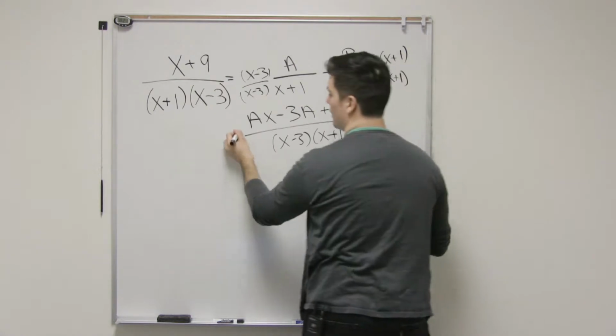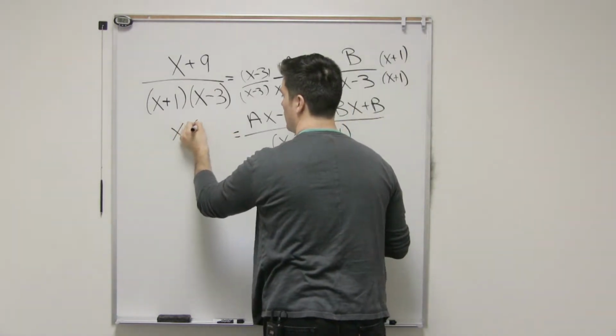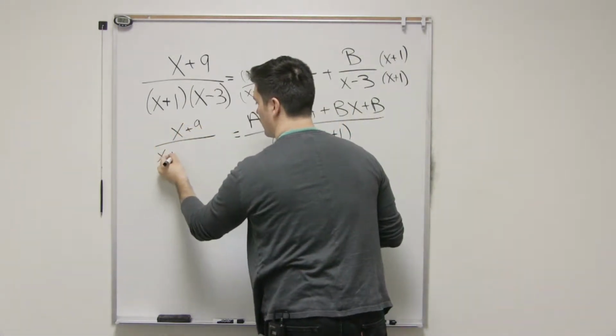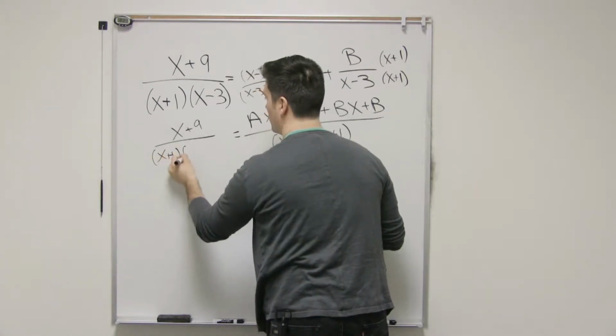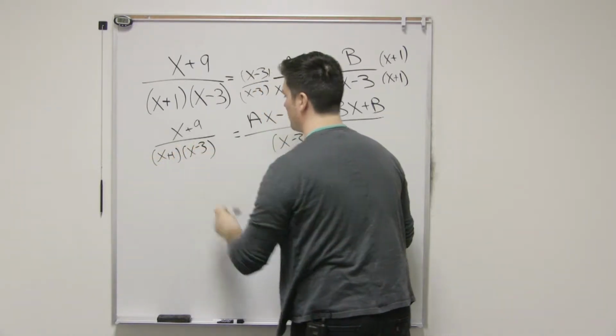And since we didn't touch the left side, that stays the same. x plus 9 over x plus 1 times x minus 3.